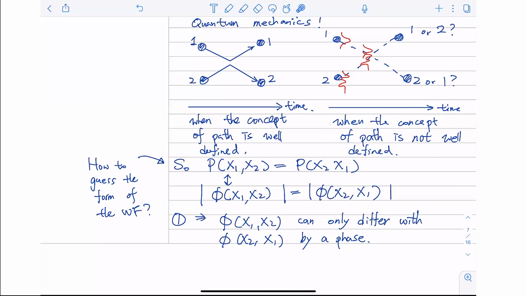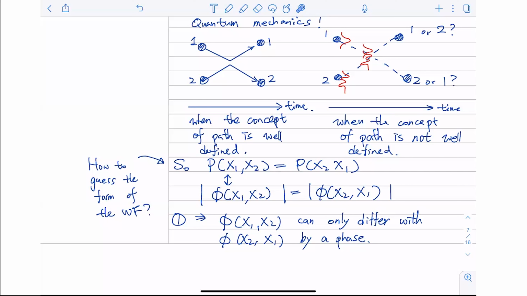Once the probability needs to have this property, we can ask what the corresponding wave function is that gives this kind of probability description. One simple way to guess is that we know probability is related to the norm square of a wave function.